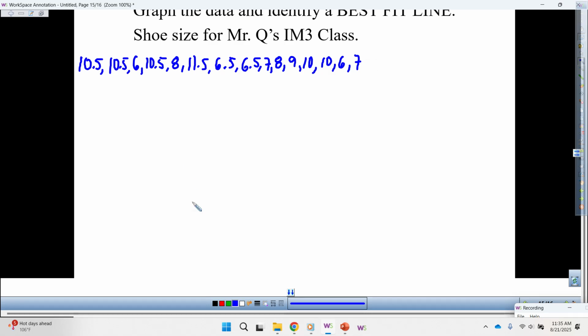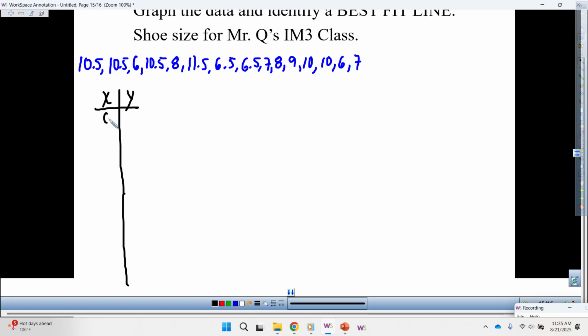Step 2, I'm going to organize that data in an input-output table. The X is the shoe size. However, I need to go with the smallest number. So I look at my data. What was my smallest number that I was given? The smallest number looks like it is 6.